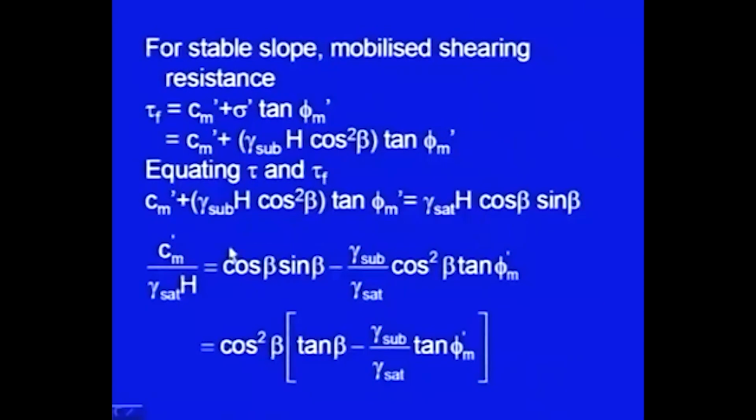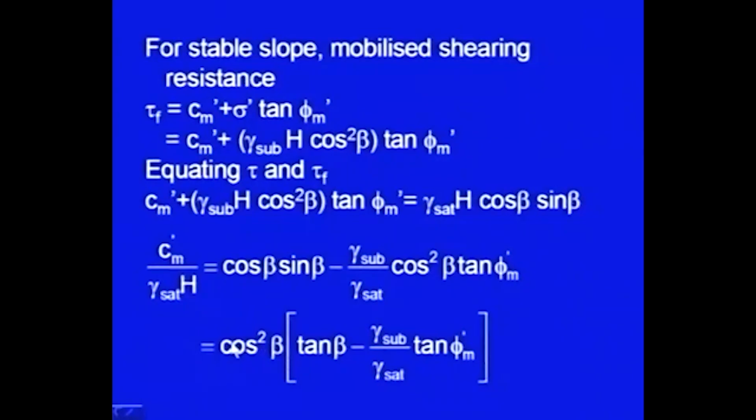So, finally, I take the term c m on the left hand side and gamma saturated into h on the left hand side, and we convert this equation into the form of the stability number c upon gamma into h, and this is the equation you are going to get: c m dash upon gamma saturated into h equal to cos beta sin beta minus gamma submerged upon gamma saturated cos square beta tan of phi m dash.